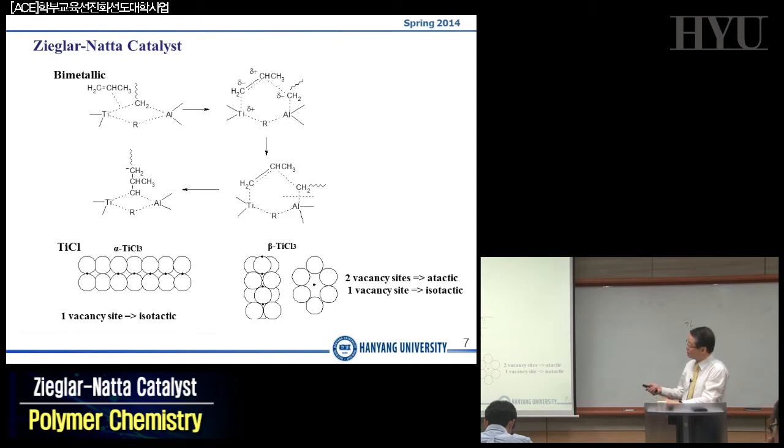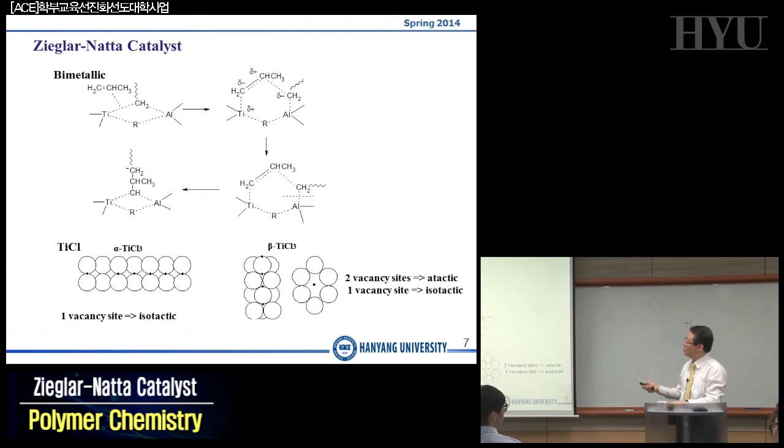Now, the bimetallic system is the one where you have titanium chloride and aluminum chloride. Titanium chloride and aluminum chloride may form this tetragonal complex system, and again, this is also a suggested mechanism. What happens is that you first form the tetragonal system, whereas the vinyl group may add to this tetragonal system and form a hexagonal system.